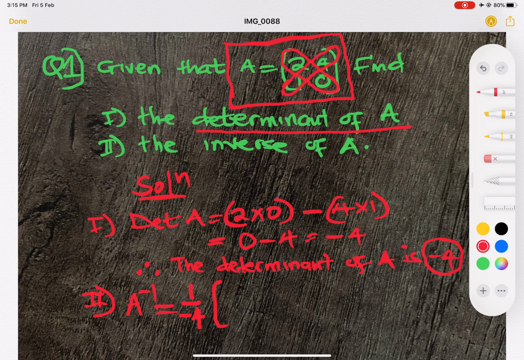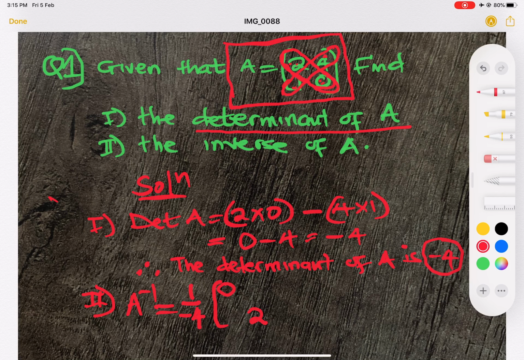So the numbers in the major diagonal, which is 2 and 0, they swap. Okay, so 0 will go where 2 is, and 2 will go where 0 is. So you have 0 there, then the 2 there. Then these numbers in the minor diagonal, which is 4 and 1, they interchange signs.